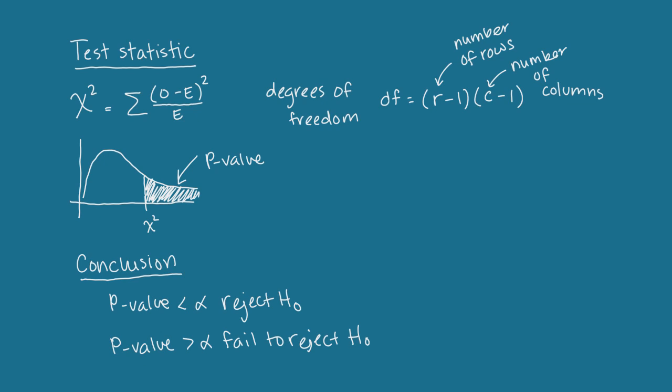Because the null and the alternative hypothesis never change in a test for independence, remember the null hypothesis supports independence while the alternative hypothesis supports dependence. That means that the interpretation of our conclusion is also straightforward. If you're going to reject the null hypothesis, what that means is that you cannot support independence.